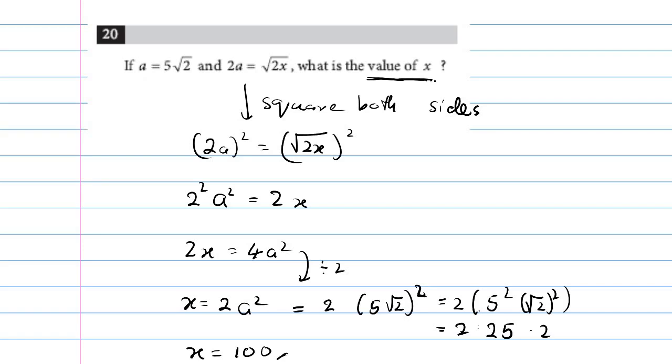We know what a is, so just solve for x. This is the same thing you would do in a regular equation. You divide both sides by 2, and then you clean the expression out. Then you have x equals 2a squared, and then you substitute for a squared based on the number they have given, and then you calculate x, and you get x equal to 100.